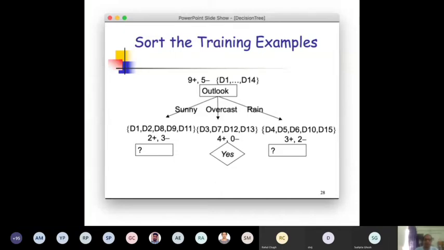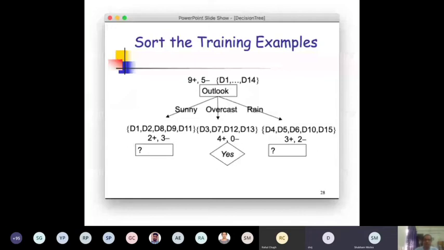So you can see in 4 positive and 0 negative, there is a label called Yes in the diamond enclosure. So why is it so? Can you tell me? Why have I put Yes here and the other 2 as question marks? Because all examples are of one class.